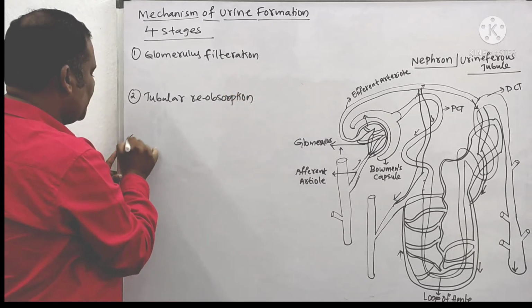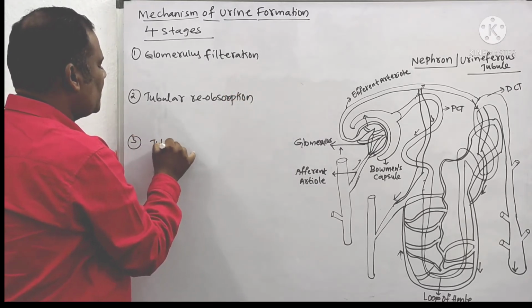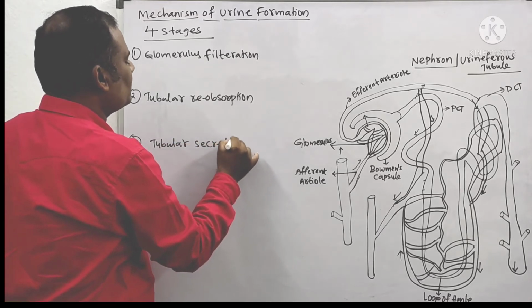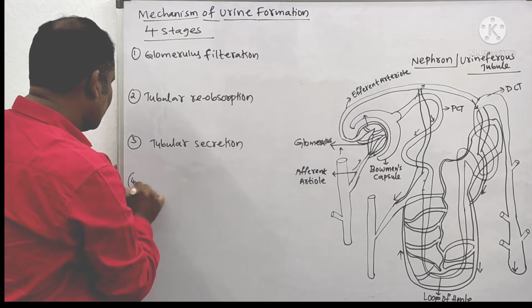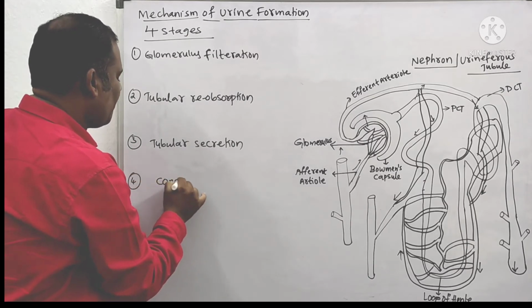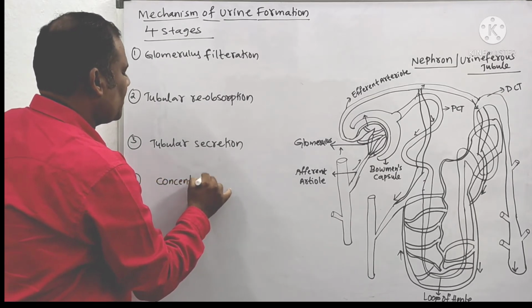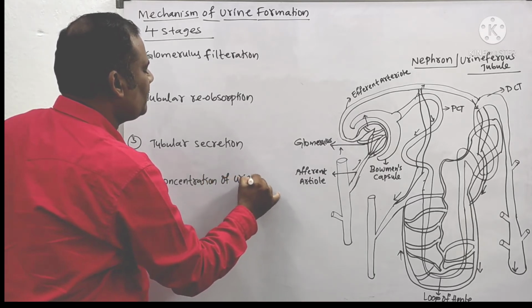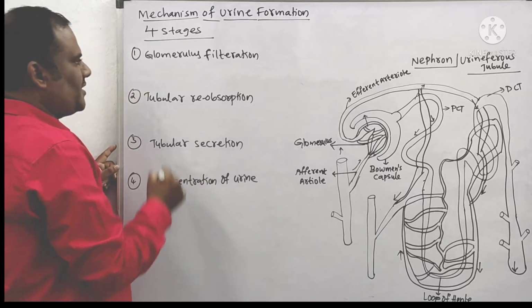The third stage is tubular secretion. The fourth stage is concentration of urine. So these are the 4 stages.